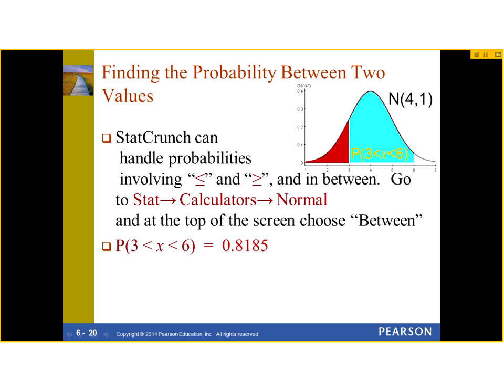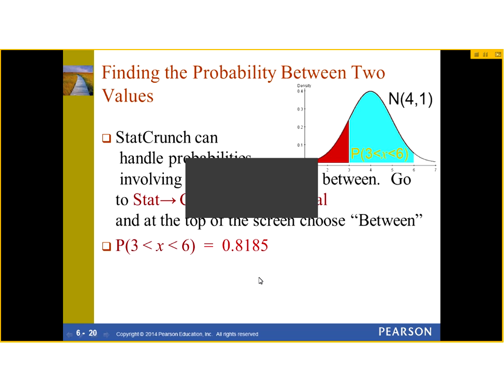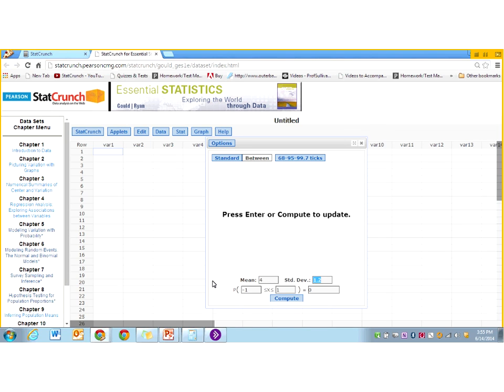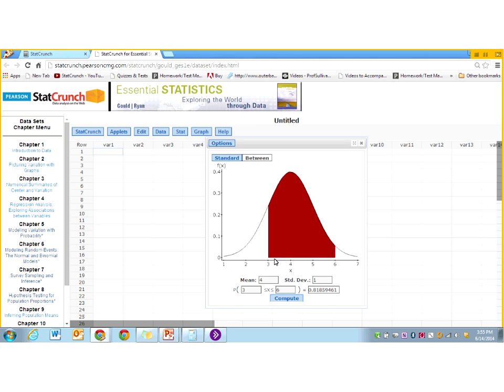It's a normal curve with mean of 4 and standard deviation of 1. So we go to between, mean of 4, standard deviation of 1, probability between 3 and 6. And there it just does it for us, 0.8185 or 0.819.